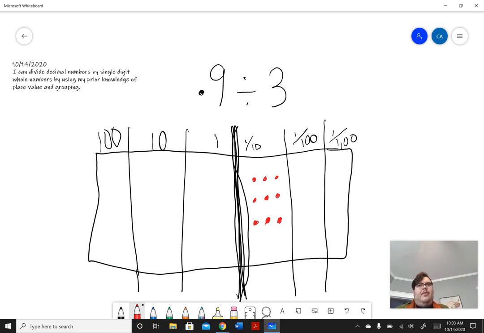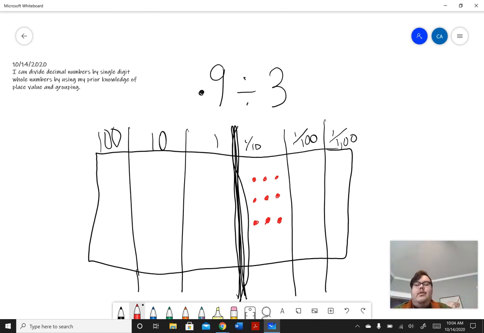When we're dividing, we're breaking things into groups. When we're multiplying, we take those groups and put them together. When we're dividing, we already have them all together and we're breaking them into their groups.